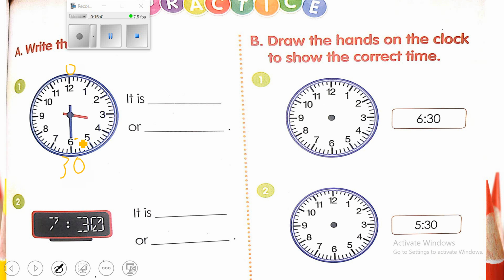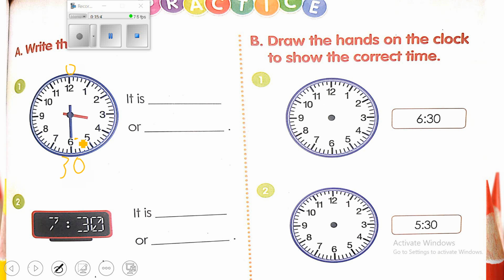All the time I start writing the hour first when I'm writing the digit form. When I'm writing the word form, I said half past. So 30 means half past. Half past which hour? Half past 3.